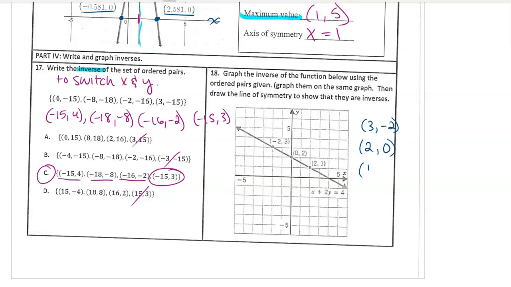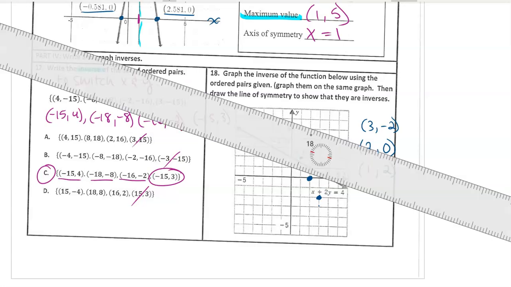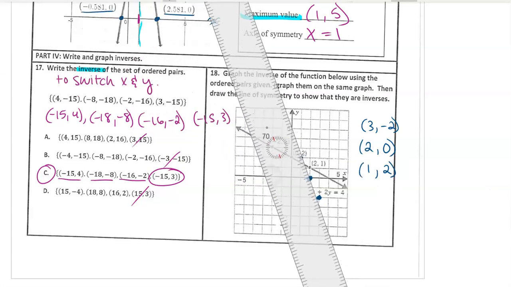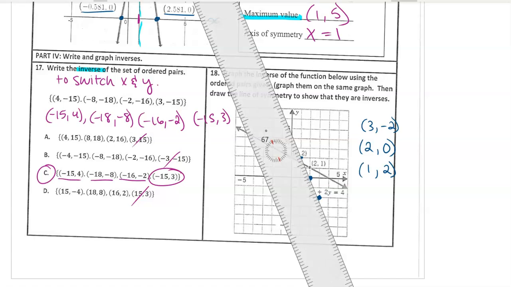And 2, 1, the inverse of that is 1, 2. Now we need to plot those points. So we have 3, -2 here. We have 2, 0, and 1, 2. Now we can graph this line right here. Something like that.